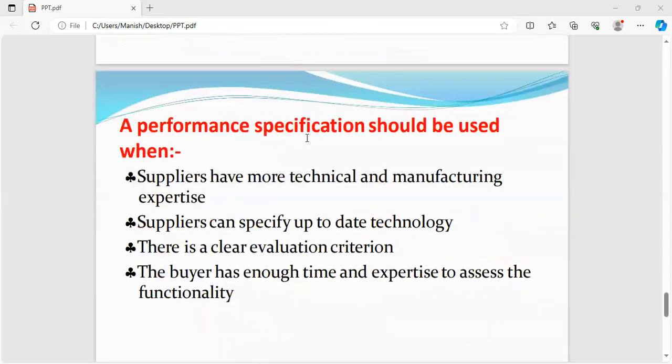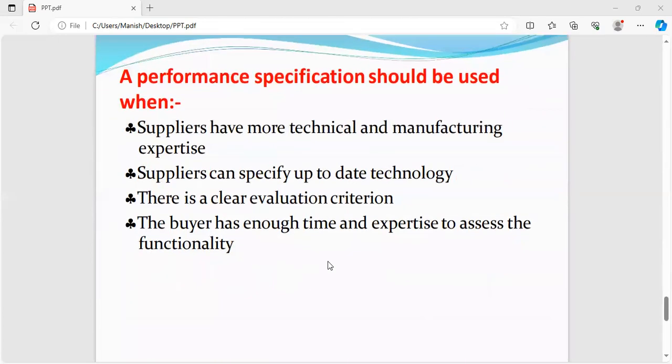Performance specification should be used when the suppliers have more technical and manufacturing expertise. Suppliers can specify up-to-date technology. There are clear evaluation criteria, and the buyer has enough time and expertise to assess the functionality.